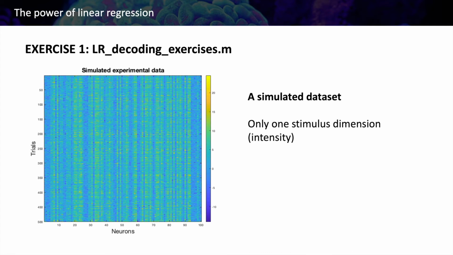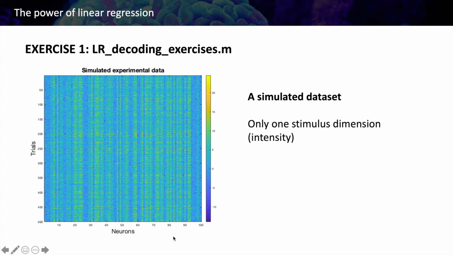In this course, I have prepared some simple linear regression exercises so that you can get familiar with this technique, as it is like a light version of the forward encoding models. What I have prepared is very simple.